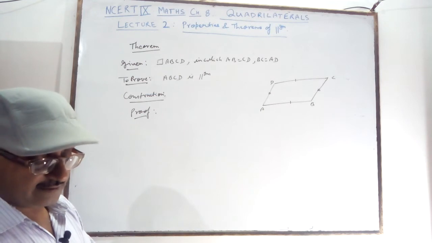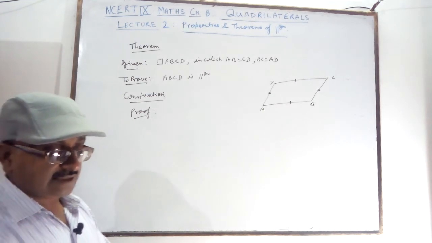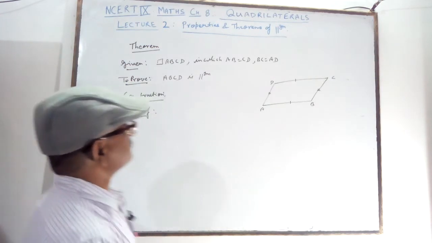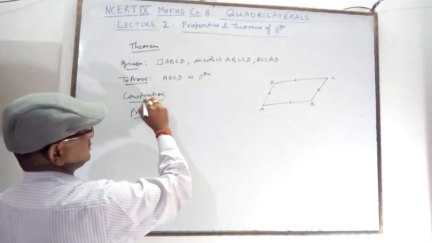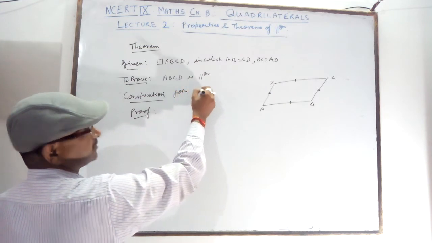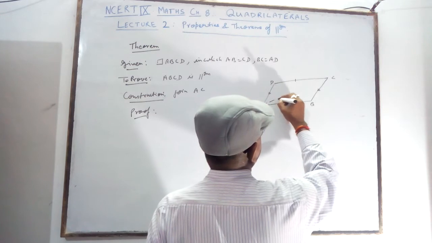Sides are given. So very simply you can say, if the sides are given, then it is a construction. It means first you write construction, join AC. How will you join it?